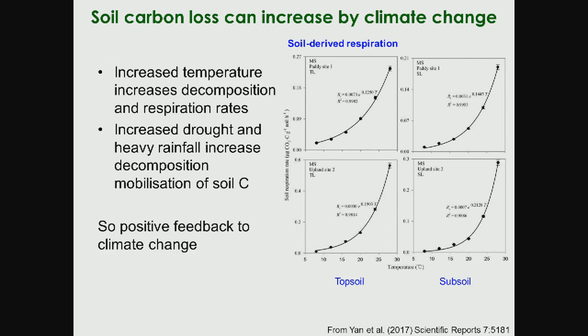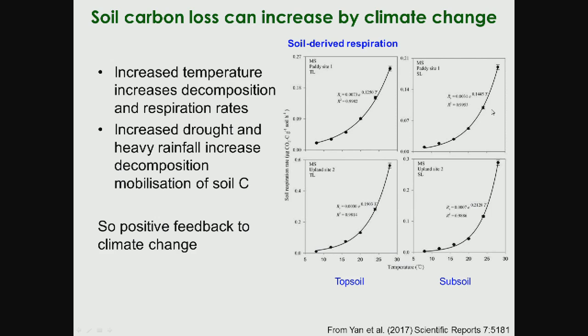And this is considered to be quite important to take on board, because if we were to stand still and not do anything, carbon loss from the soil is predicted to increase anyway due to the changes that we are seeing in our climate.